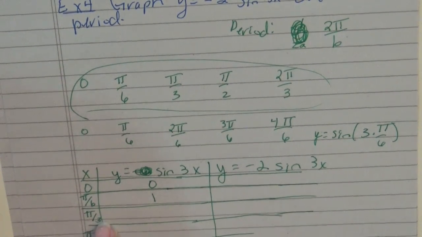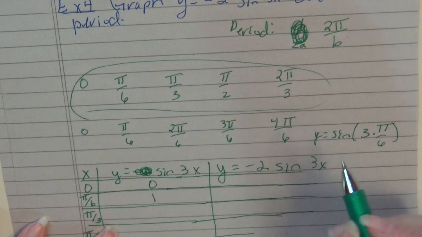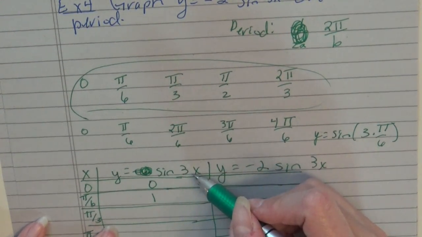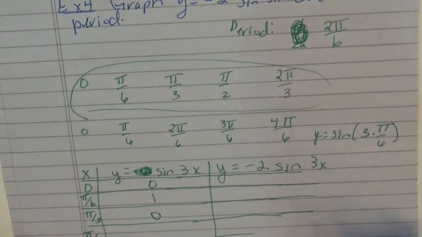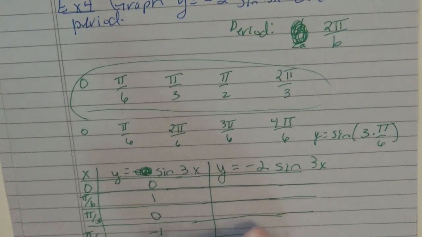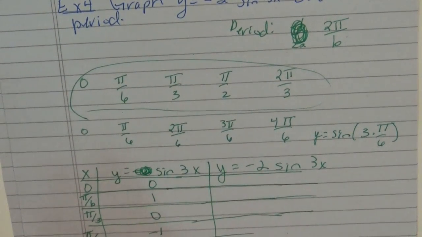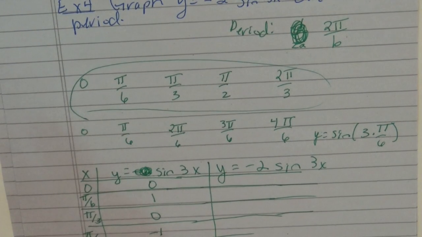Now put pi over 3 in for x, and I will have 3 times pi over 3. So that's going to be sine of pi, which is 0. Then put pi over 2. That's going to be sine of 3 pi over 2, which is negative 1. And then finally put in the 2 pi over 3. So that's going to give you sine of 2 pi. Sine of 2 pi is 0. I'm sorry, I didn't draw that line correctly, but this should be 2 pi over 3 in this last row.